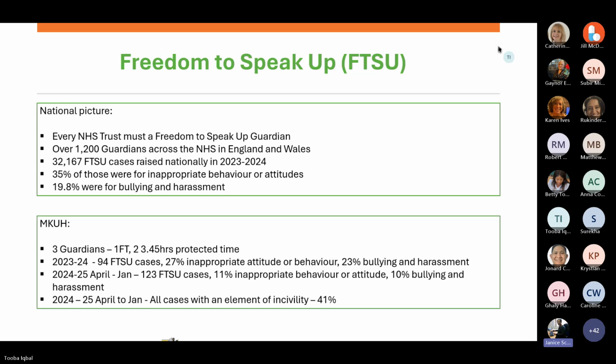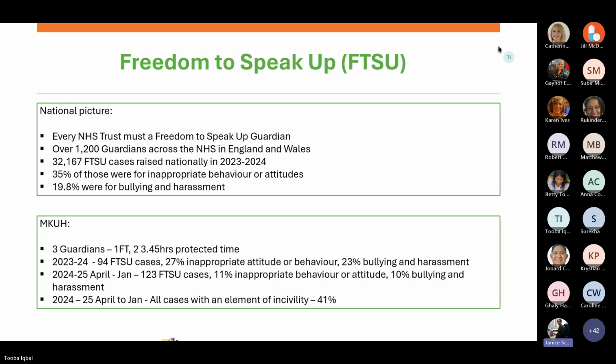Of the number of cases raised nationally, 35% was around incivility, either inappropriate behaviours and attitudes, and approximately 20% for bullying and harassment, which is actually quite high, bearing in mind Freedom to Speak Up was set up to look at patient safety complaints.